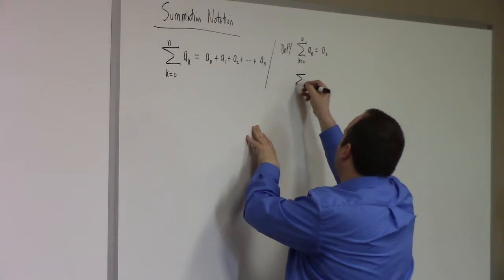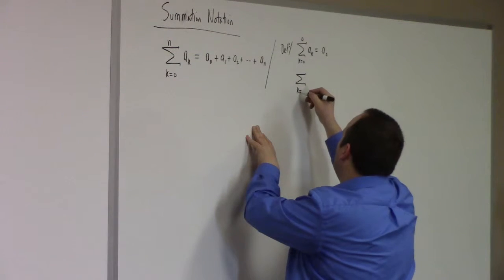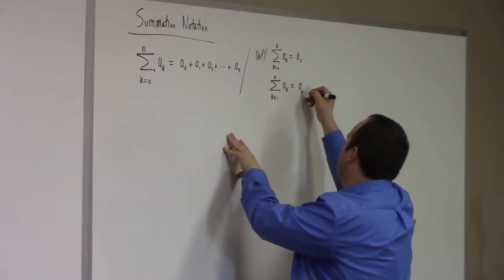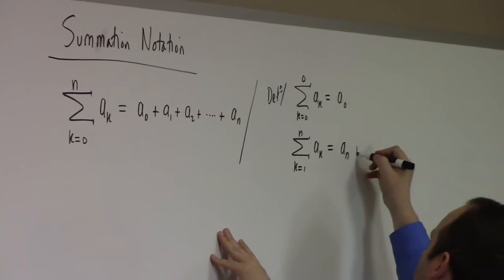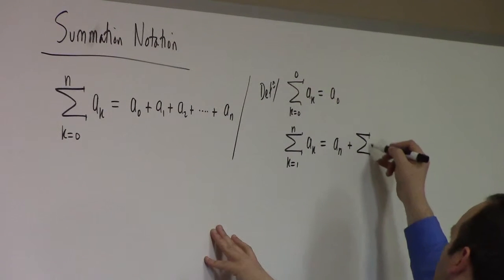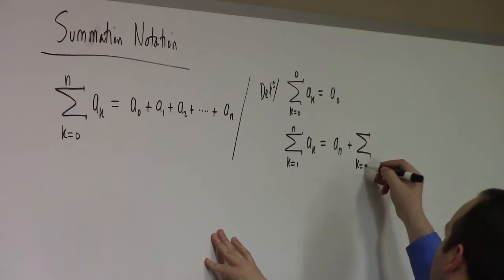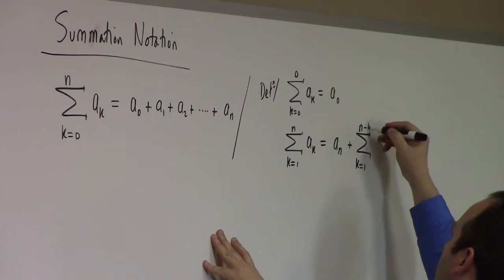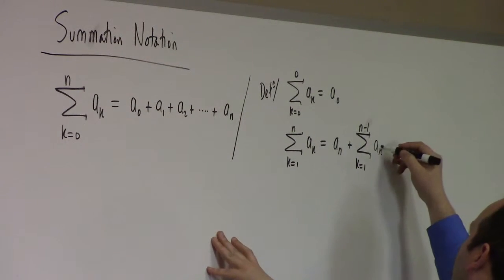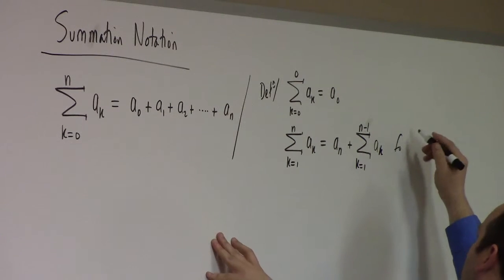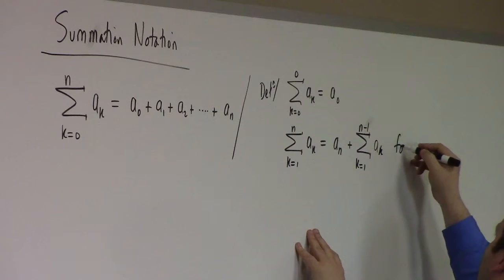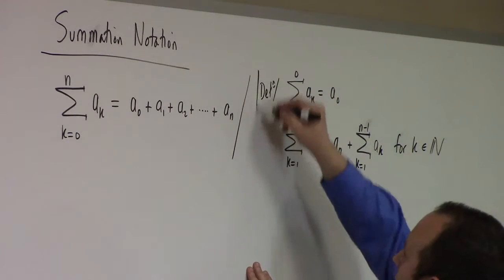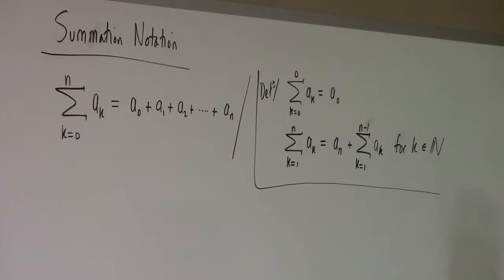And on the other hand, if we look at the sum k equals 1 to n of a sub k, well, that's a sub n plus the sum k equals 1 to n minus 1 of a sub k, and that's true for, I can't spell it, for k in the natural numbers. So there's a recursive definition of the finite sum.